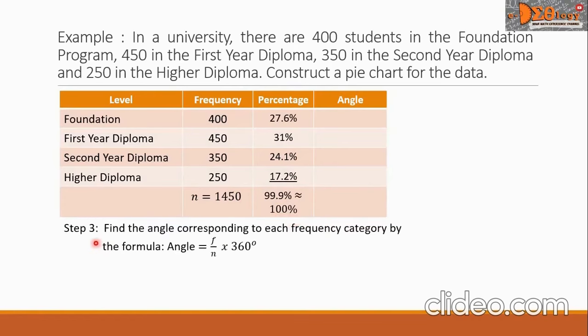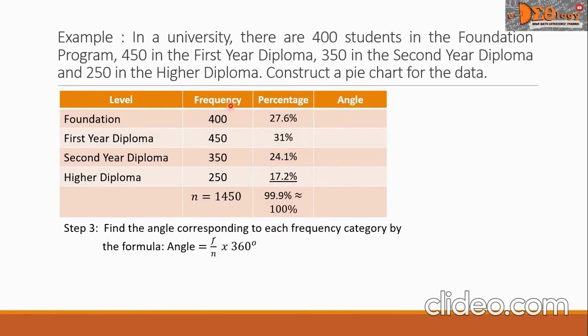Now, let us go to step 3. Find the angle corresponding to each frequency category by the formula angle equals f over n times 360 degrees. Let's begin with the first blank here.